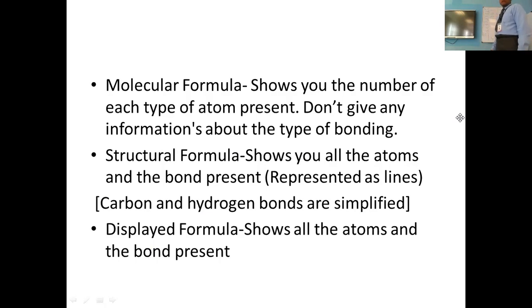Now the next one, structural formula, shows you all the atom and the bond present, represented as lines. An example, so over here, we can see this formula in this way. Usually carbon and hydrogen bond are simplified.